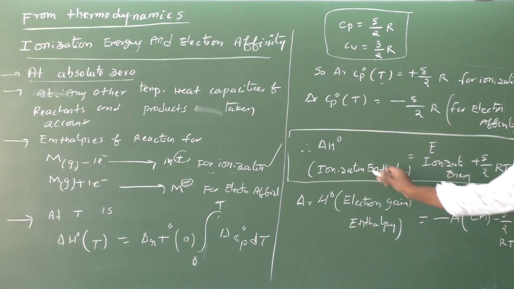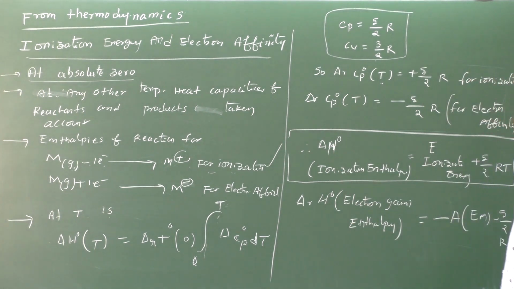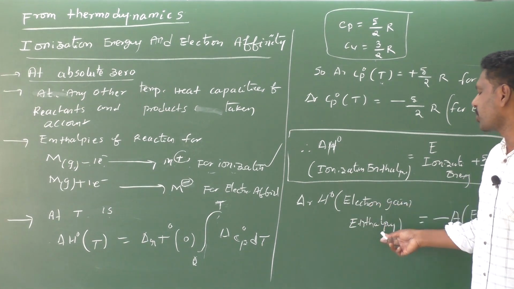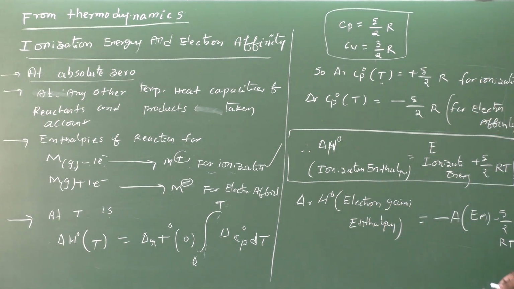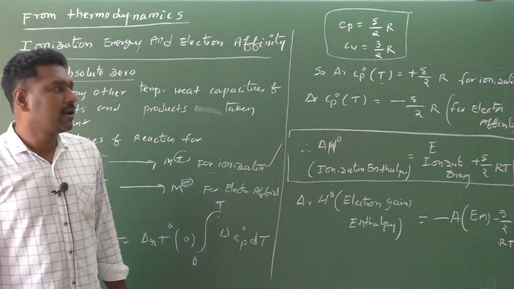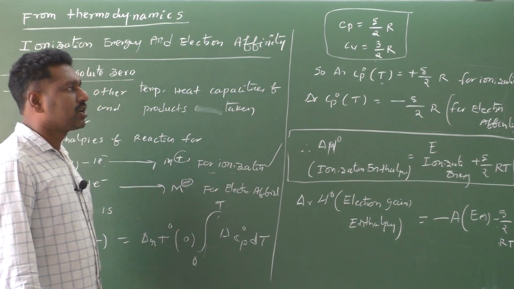Therefore, delta H for ionization, the ionization enthalpy, equals the ionization energy plus 5 by 2 RT. This is the thermodynamical equation of ionization energy. After that, for the electron gain enthalpy, delta H equals minus A, electron affinity, minus 5 by 2 RT.